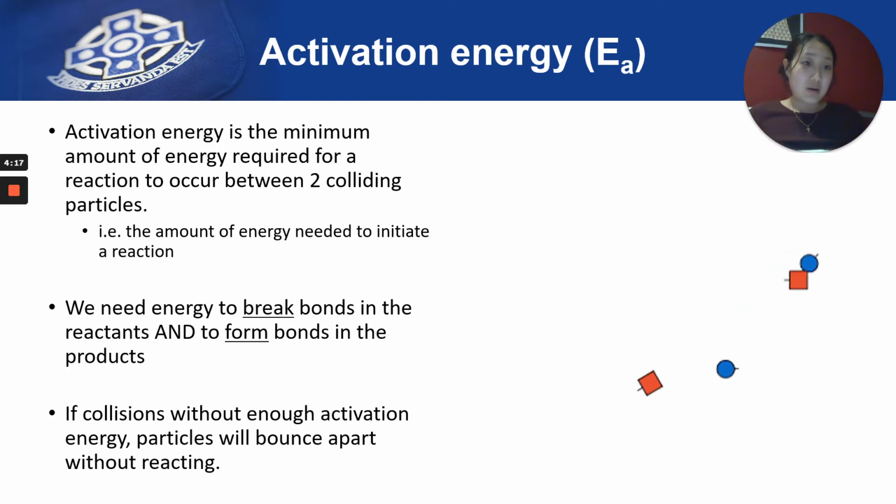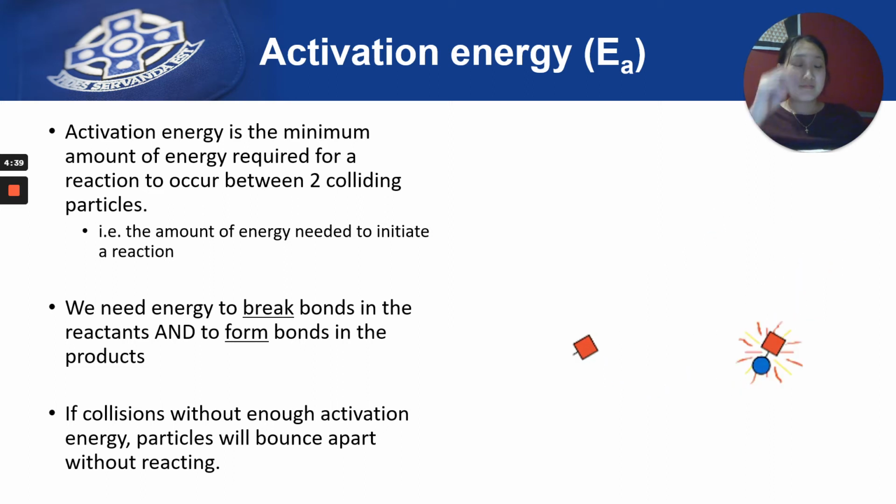You also need to break the bond between sodium ion and hydroxide ions. That way you form sodium chloride and water, and energy is required to do that. Again, if collisions happen without activation energy, particles will simply bounce apart and no reaction will occur.